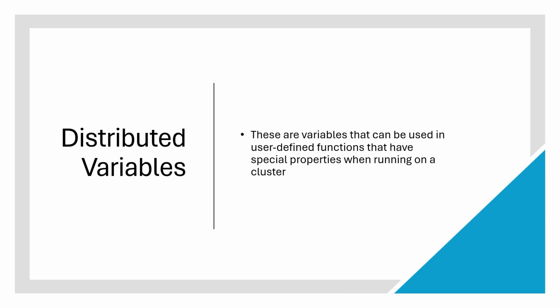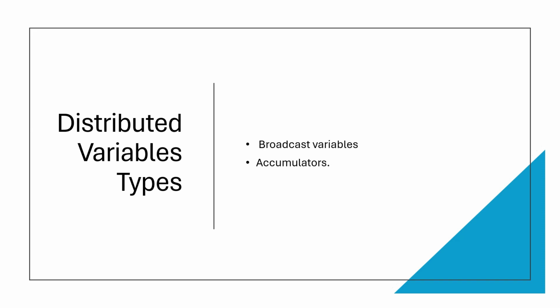So essentially you would need a variable which is distributed, which is accessible to all the worker nodes and tasks wherever your program is executing. That is where you need these special or distributed variables to access the value.